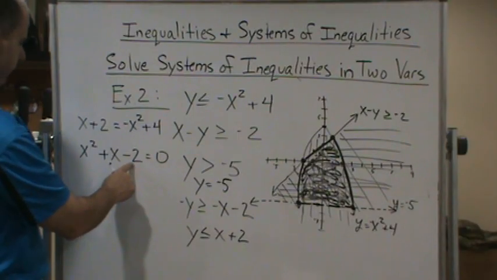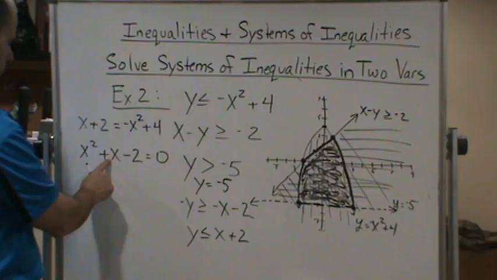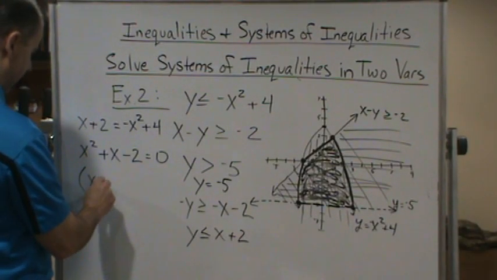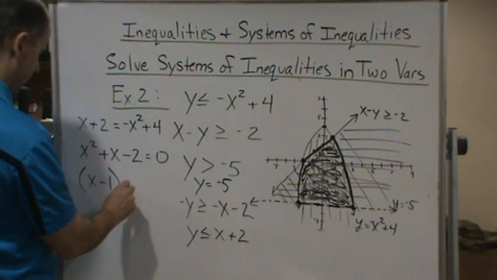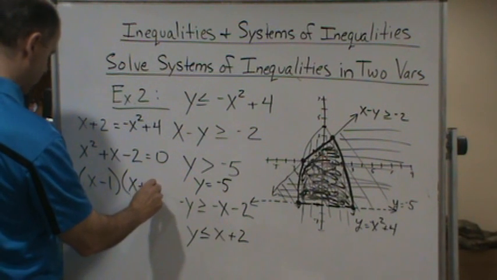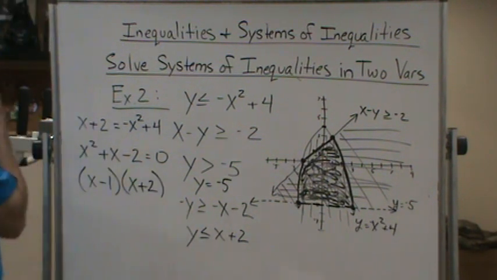And so in this case, the factors of negative 2 that will add up to 1 are 2 times negative 1. So this will factor into x minus 1 and x plus 2.